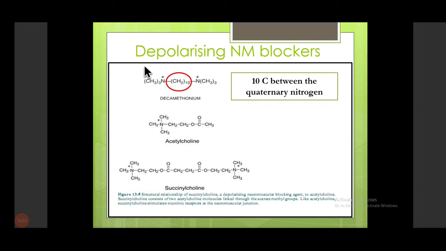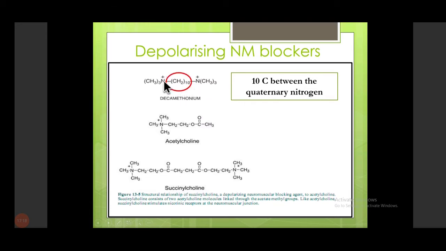If you look at the slide, you would find the molecular structure of decamethonium, and you would see between the two quaternary nitrogens we have 10 carbon chains.